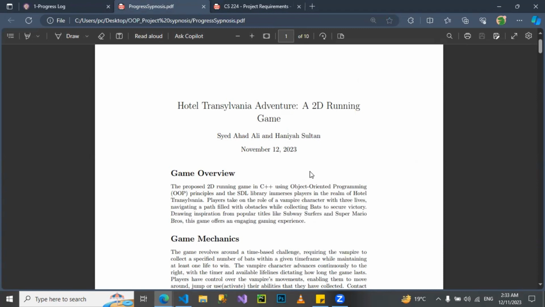A little background overview of what object-oriented programming is. As we know, data can be anything, such as a number or a word. A picture can also be classified as data.